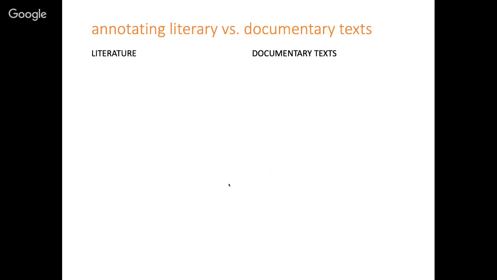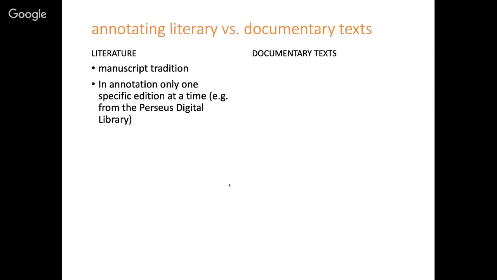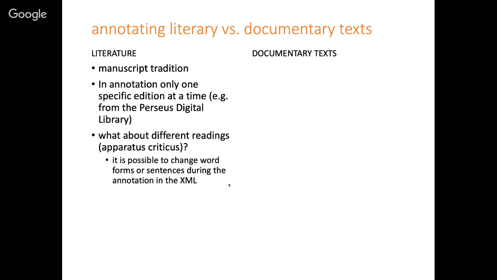So a few words about differences between literature and documentary texts. Because with literature we have manuscript tradition, and so we are usually only annotating one edition of a text. So one perhaps taken from the Perseus Digital Library. So what about the different possible readings?